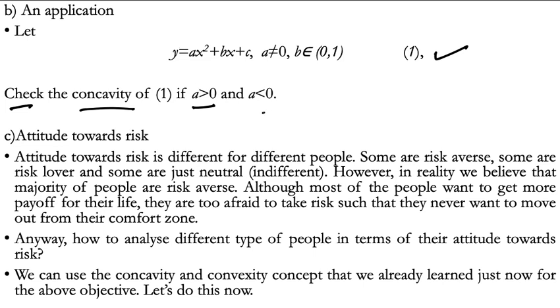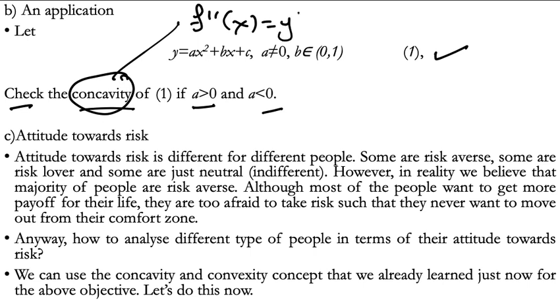Check the concavity. When we say you need to check the concavity, it means you need to check the f double prime x or y double prime. Okay, and we know that b is between 0 and 1. So given these two pieces of information, check the concavity of expression 1.